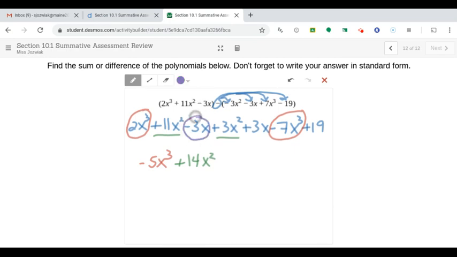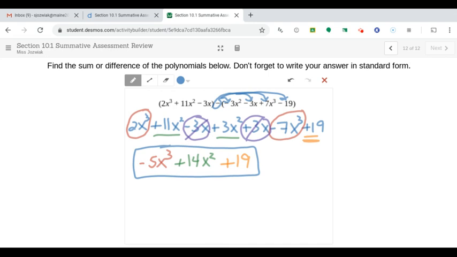Negative 3x and positive 3x, well, those actually cancel each other out, and we're left with no x's at all. And then we've got a constant right here for plus 19. And so here's our final answer for that one.